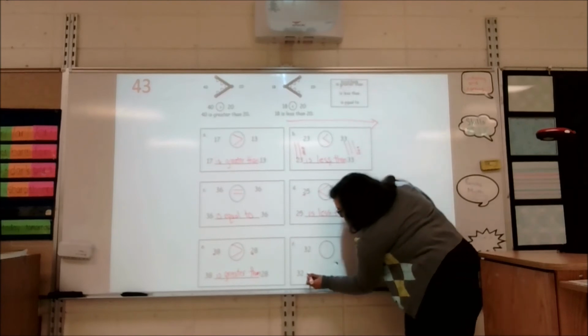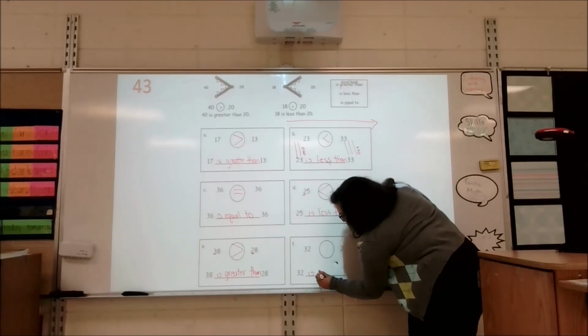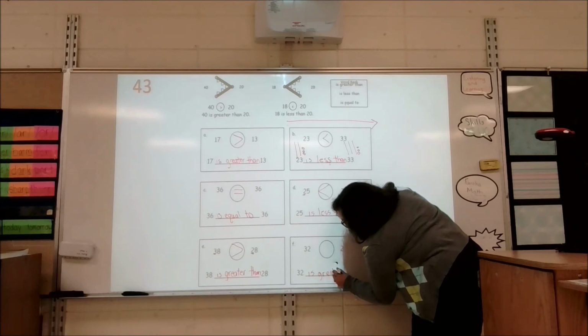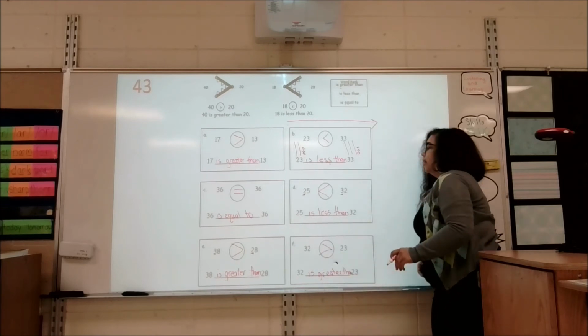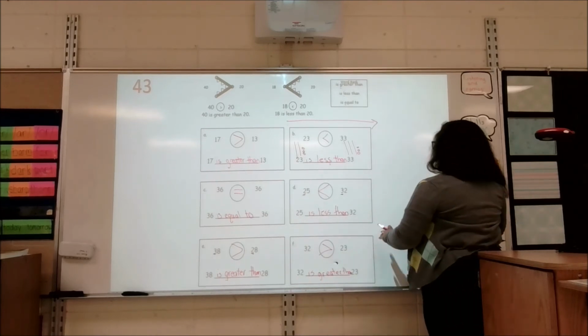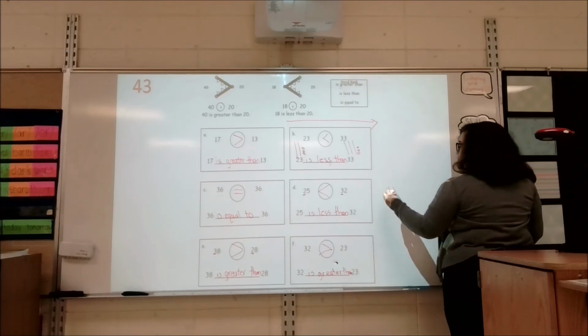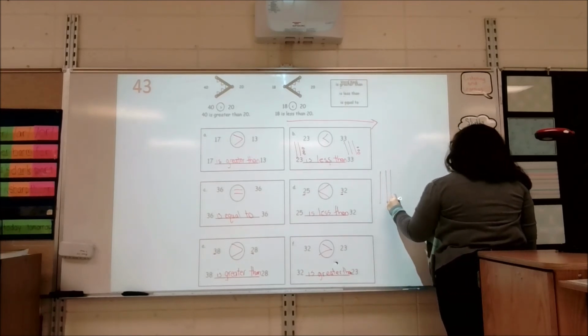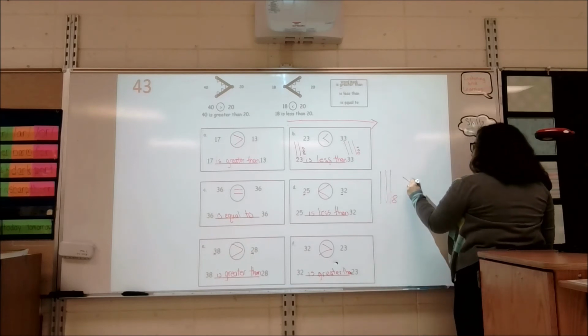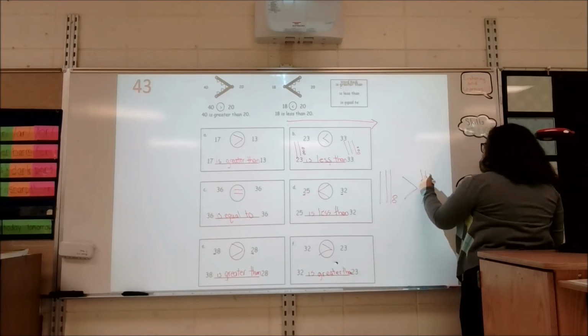Yes, 32 is greater than 23. Now, let's draw a picture for this one just to be sure. I'm going to actually use this space over here. So drawing 32, 10, 20, 30, 31, 32. We said it is greater than 10, 20, 21, 22, 23.